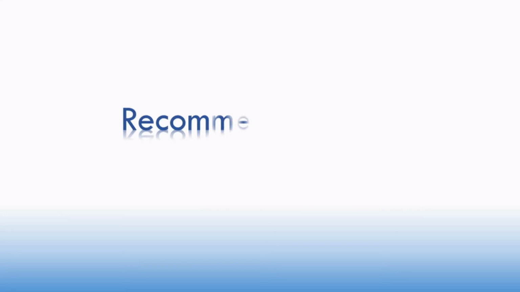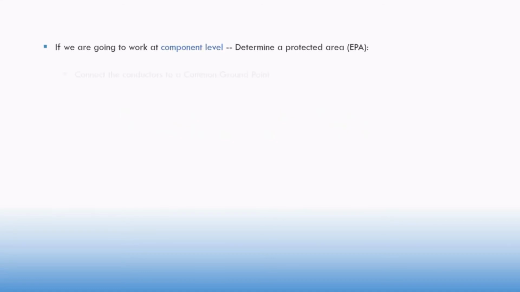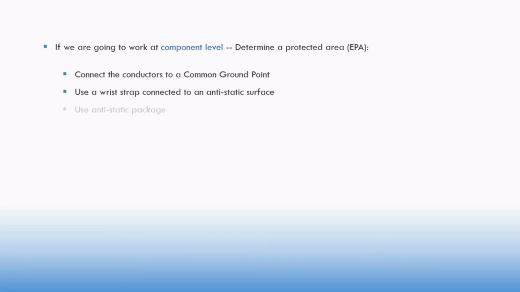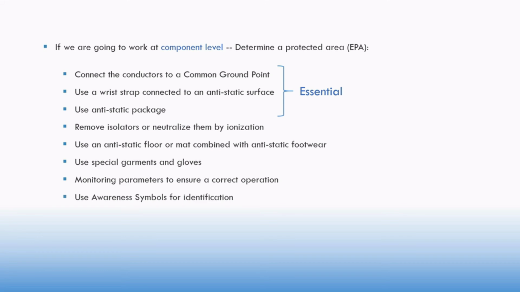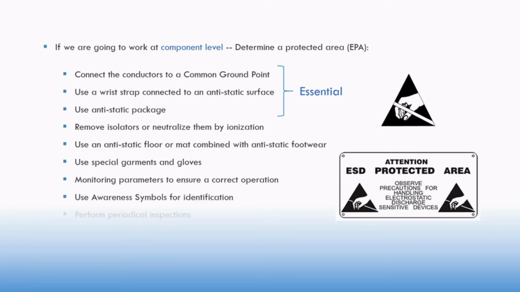So what can we do with this? Here are some recommendations. If we are going to work at component level, we must determine a protected area, EPA. We have to connect the conductors to a common ground point. Use a grease strap connected to an antistatic surface. Use an antistatic package.